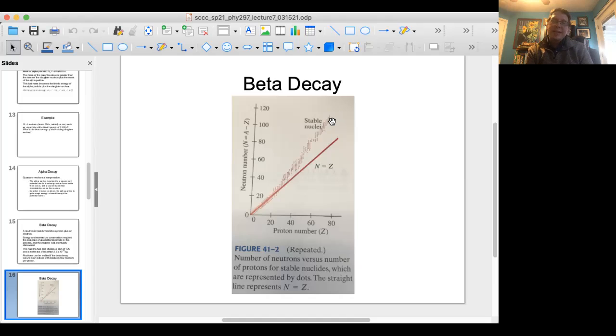In beta decay, if your neutron number is below the number for a stable nucleus, then you're more likely to get a positron, so you're more likely to get antimatter than matter out of that.